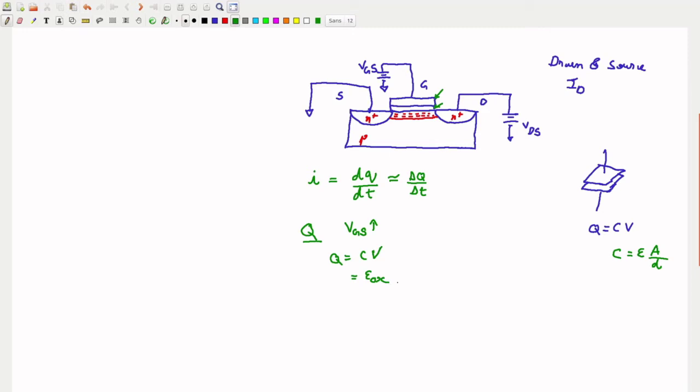Area will be W into L, the width W into the length L of the channel, and by the thickness of the oxide, which is the distance between the two plates.